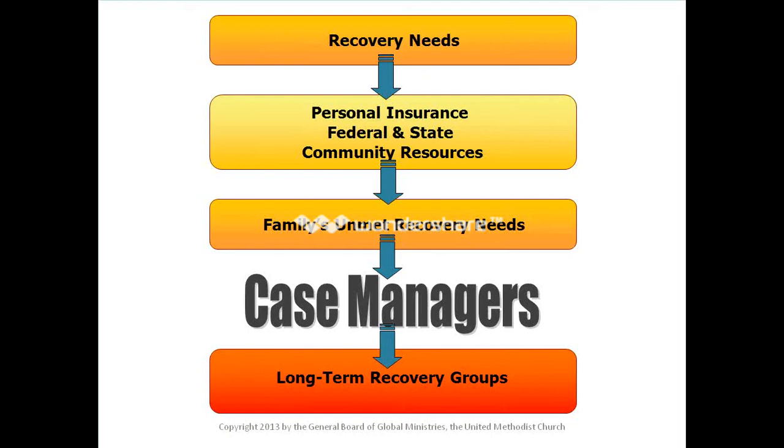The disaster case manager is the primary point of contact, and they assist the client in coordinating necessary services and resources to address the complex disaster recovery needs. Therefore, the case manager serves as the central link between the individual family and the LTRGs.